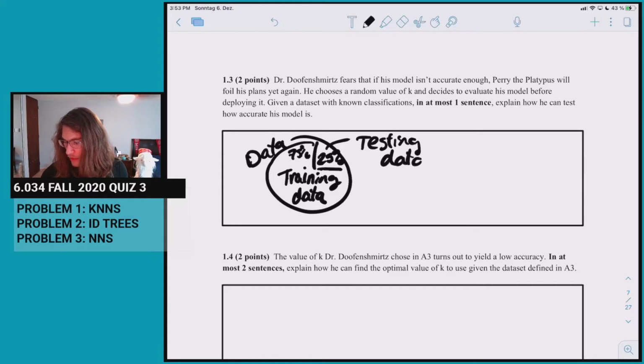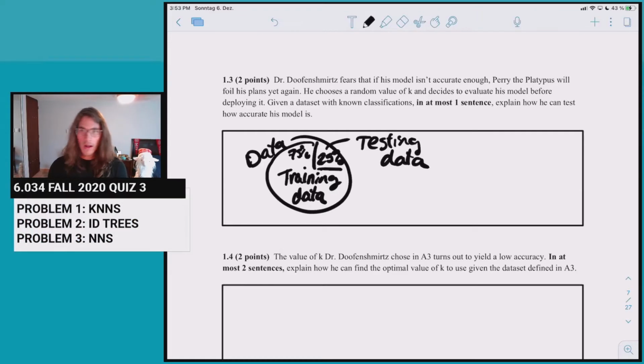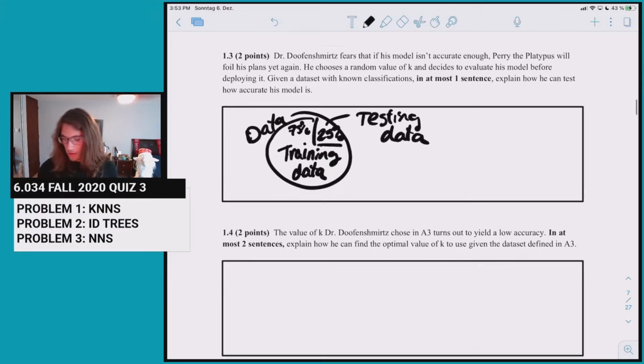Because I know the classifications of the entirety of the data, I'm able to evaluate how good this model is, because I know the true classification and I'll have the predicted KNN classification, and I can just double check how accurately it is predicting for this data.